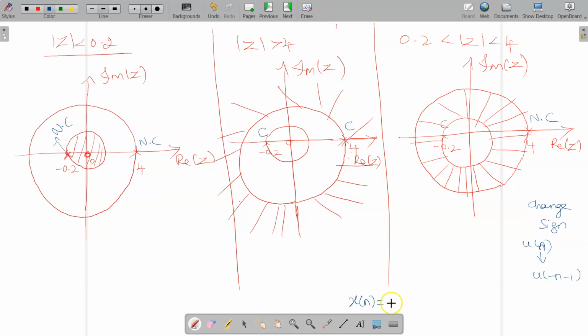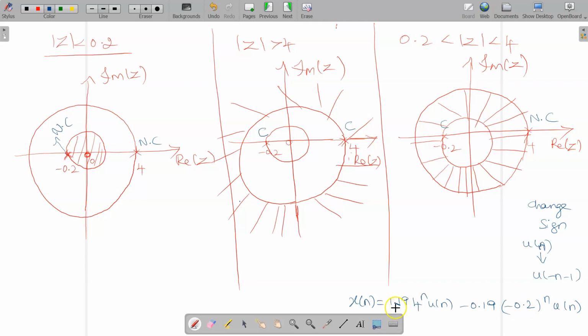So x of n is given by 1.19 times 4 power n u of n minus 0.19 times minus 0.2 the whole power n u of n. This is the expression we obtained previously.